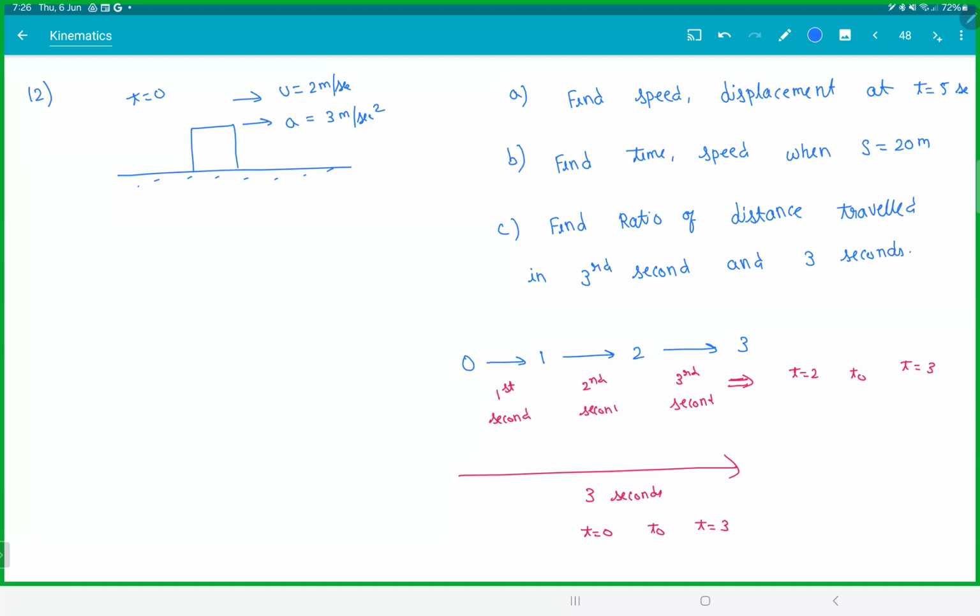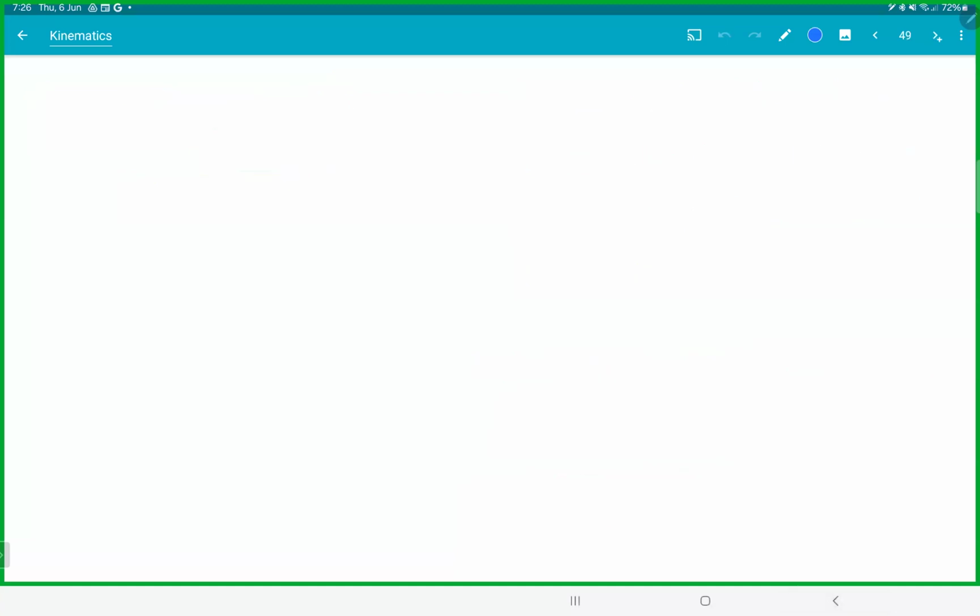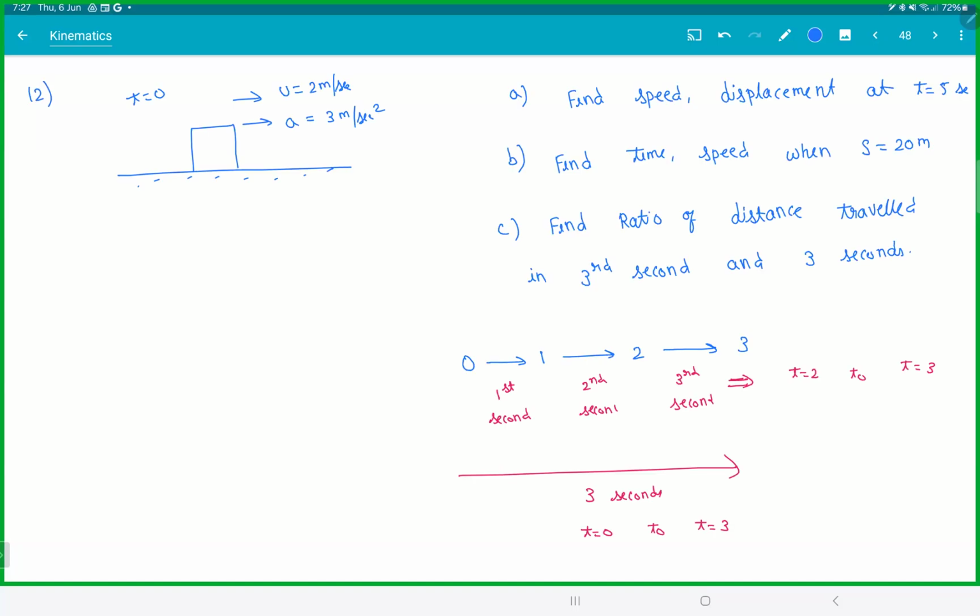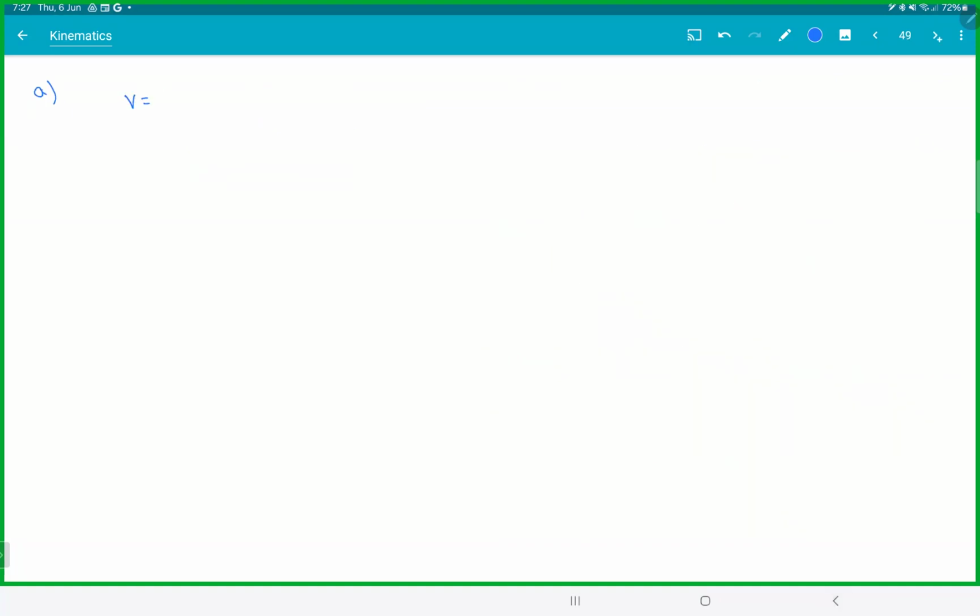Let's see. The first one is easy. You just need to see always what is being asked. You know initial velocity, you know acceleration, time is given, you want final speed. So it is pretty straightforward. We have to use v is equal to u plus at. So u is 2, a is 3, and t is 5.